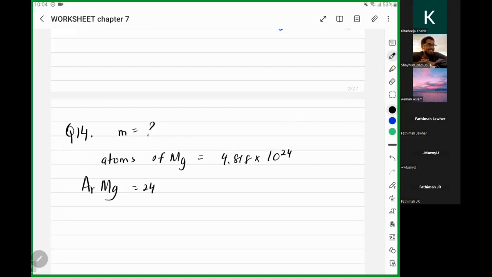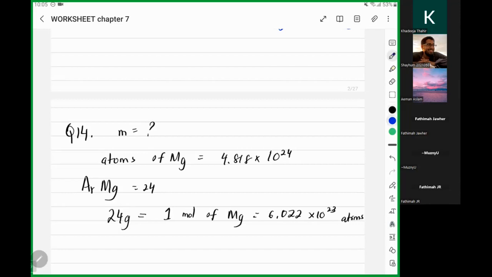Now tell me how to do this. 24 grams equals 6.02 into 10 to the power 23. 24 grams is equal to 1 mole of magnesium. Good. Therefore, it will be equal to 6.022 into 10 to the power 23 atoms of magnesium. No?